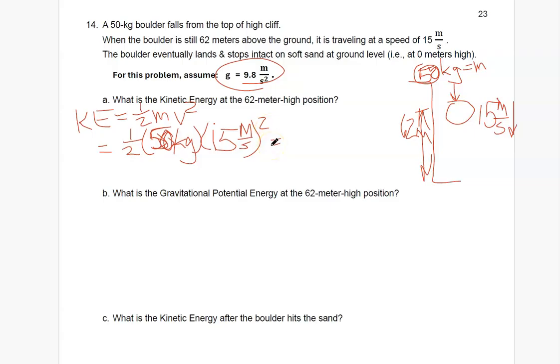So you're going to square that, that would be 225, and we would square the units as well, meters squared per second squared. So we've got 1/2 times 50 kilograms times this new term, 225 meters squared per second squared. And we multiply this out with our calculator, and we get a value of 5,625.